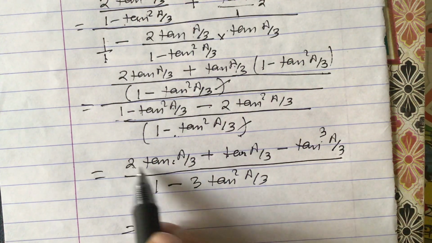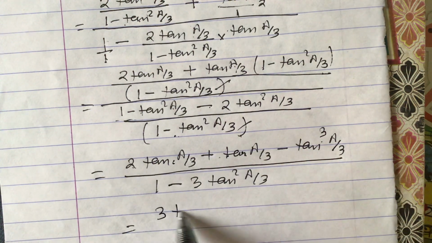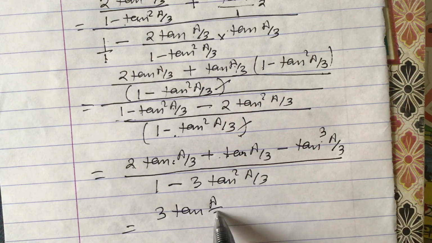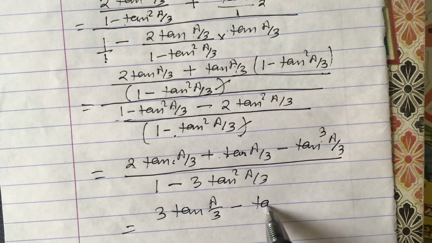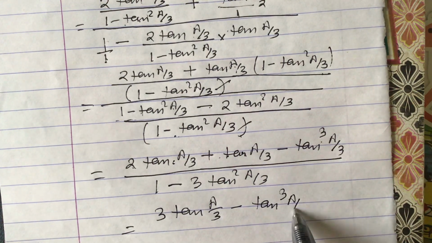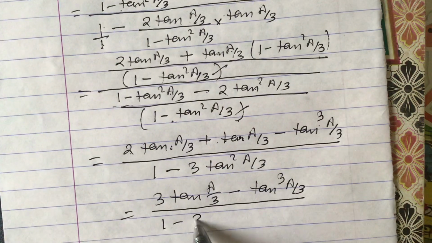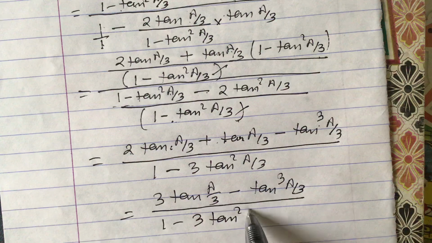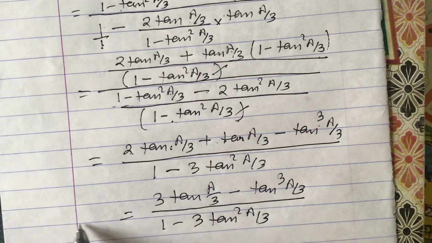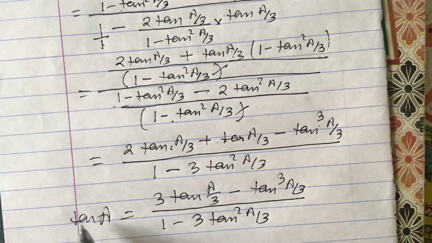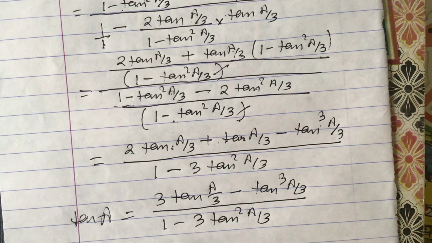We can add, it is 2 plus 1 is 3 tan a by 3 minus tan cube a by 3, whole upon 1 minus 3 tan square a by 3. This is the formula of tan a in terms of a by 3.